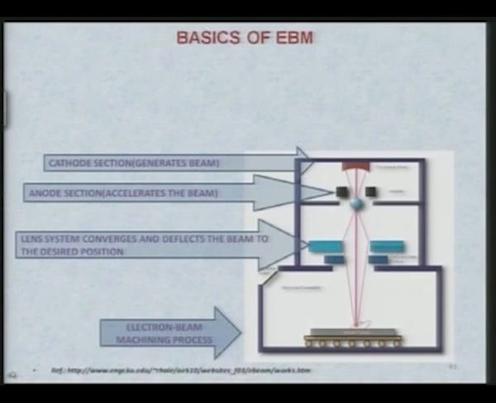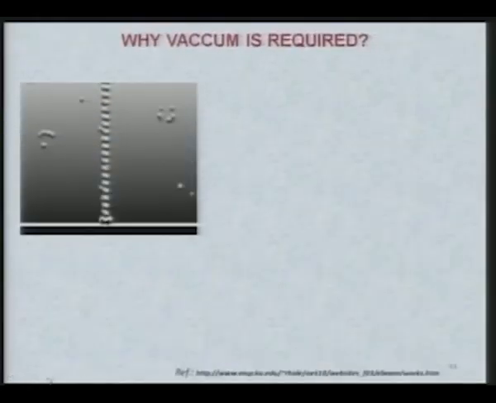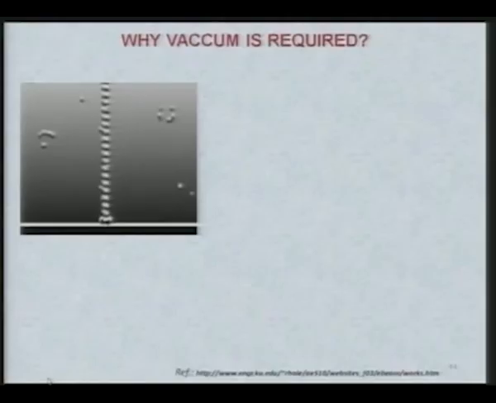You can clearly see the workpiece where electrons are hitting and raising the temperature of a local area to a very high value, such that it melts and vaporizes the material to be machined in case of metals. Now, electron beam machining is mostly done in a vacuum atmosphere, for a very simple reason I will show you.